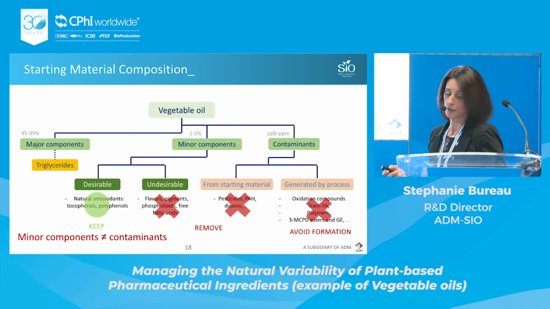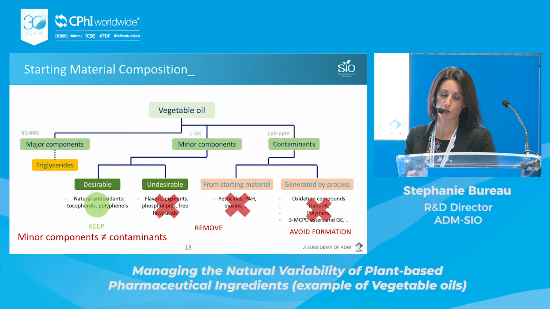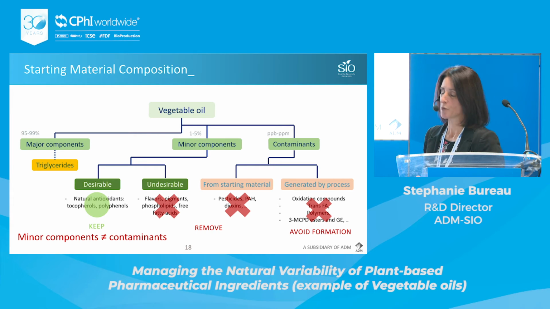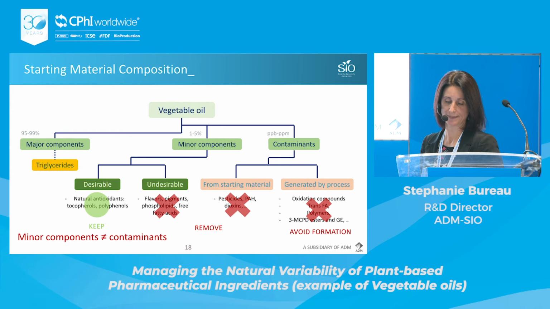Now, let's have a look at the composition of a vegetable oil that is used as the starting material. So the starting material can be crude or virgin vegetable oil. We talk about crude oil when the oil is extracted with a solvent. That's the case, for example, for soybean oil. And we talk about virgin oil when the oil is obtained only by pressure. It's the case for olive oil.